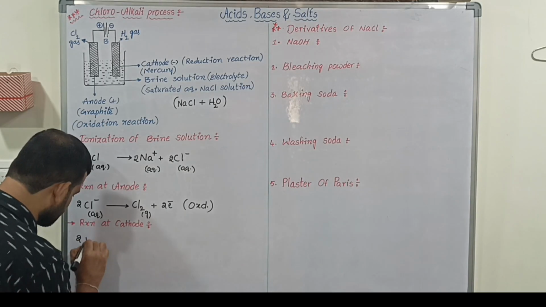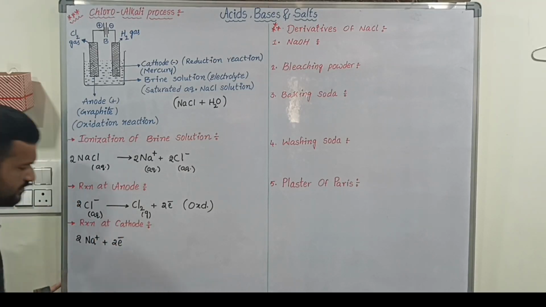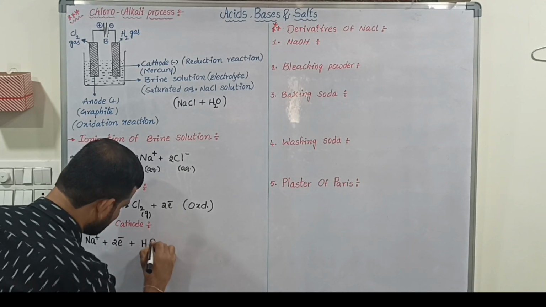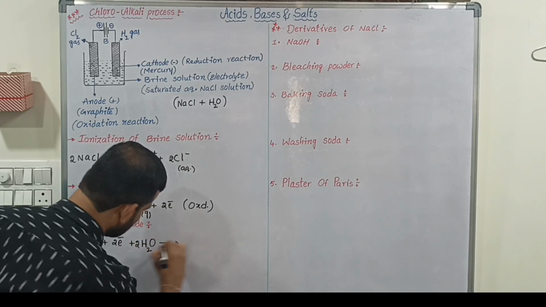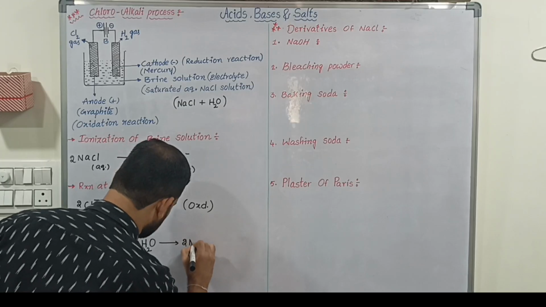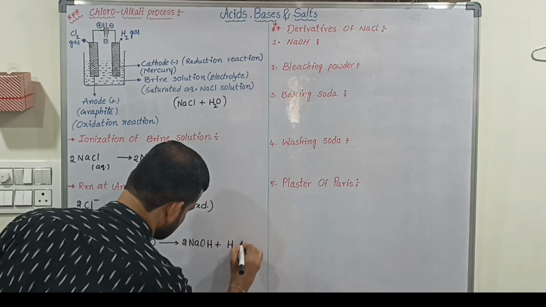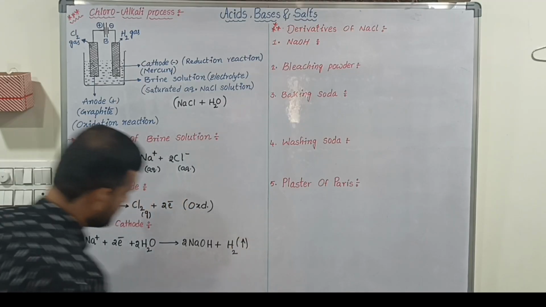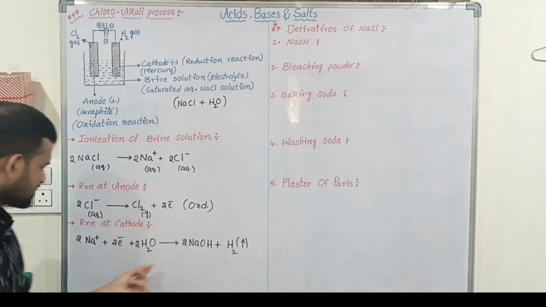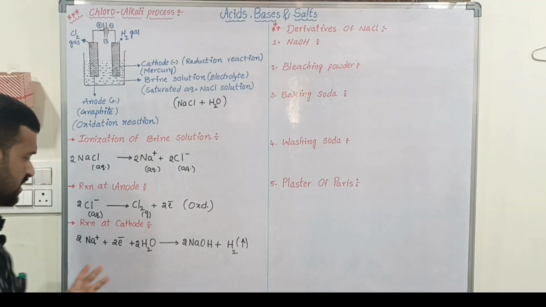So 2Na+ ions gain 2 electrons, and dissolved in water, take 2 moles of water, form 2NaOH plus H2 gas. Is this balanced? 2 sodiums, 2 sodiums, 2 oxygens, 2 oxygens, 4 hydrogens here, 2 hydrogens plus 2 hydrogens.